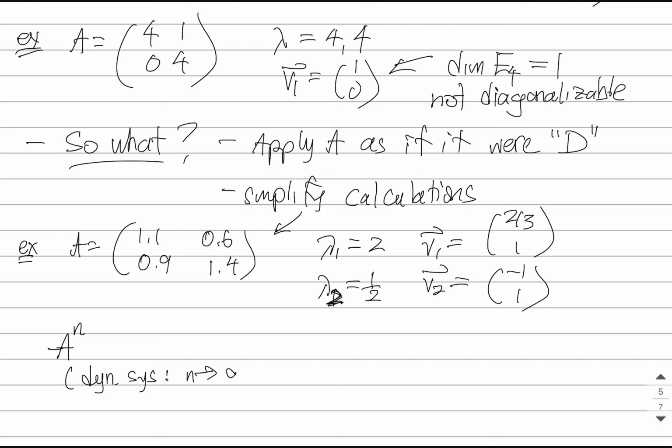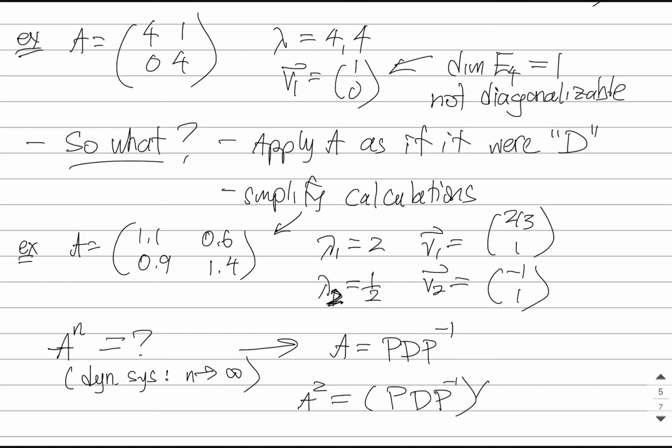We want n to get really big. So I don't want to necessarily sit there and compute a matrix product over and over and over again. So diagonalizability will help. A is diagonalizable here. It has enough eigenvectors. If I now wanted to exploit that and compute A squared, here's what you could do.